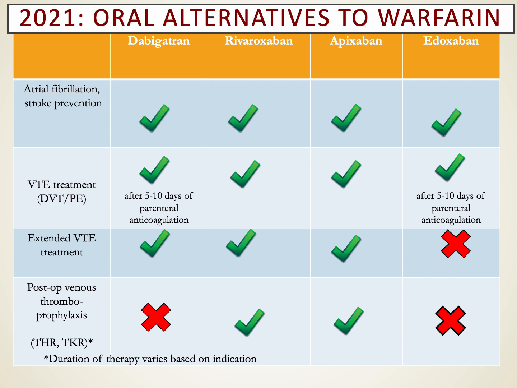We do use dabigatran to some degree. If you remember, dabigatran works a little differently than the others do. And edoxaban has a potential role maybe in the future, but hasn't really gotten the market share that rivaroxaban or apixaban have.